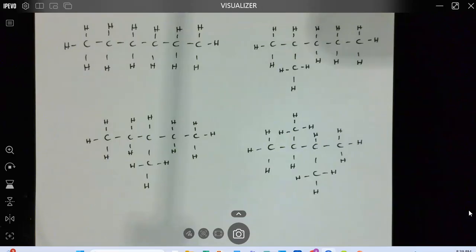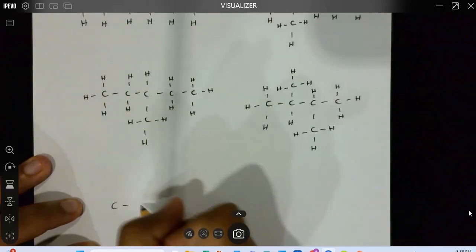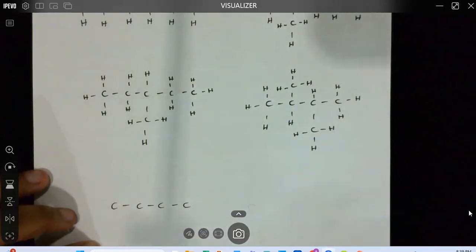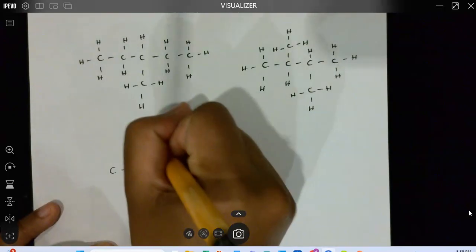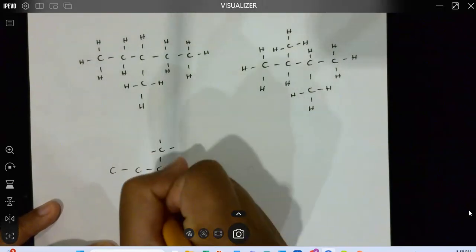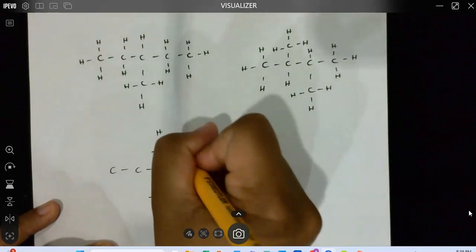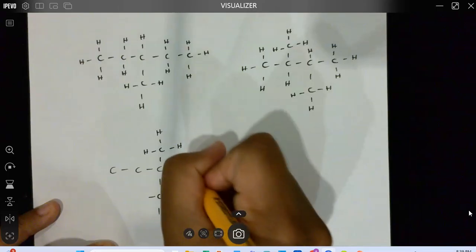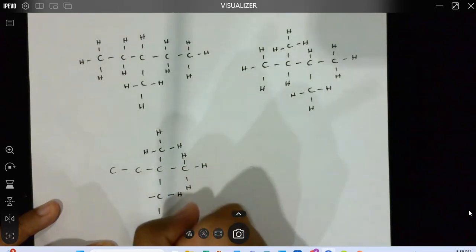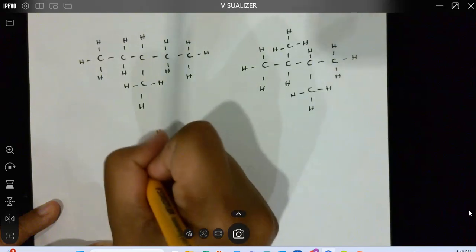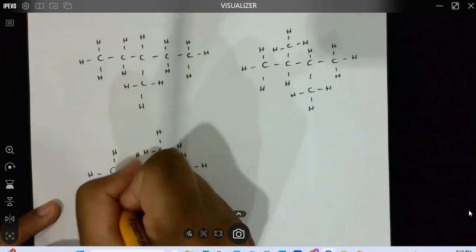Now we could even have 4 carbons where we have 2 branches on the same carbon. So I'm going to pop that here just so we can see that one as well. That is another isomer of hexane. So you just have to play around with moving those branches around.